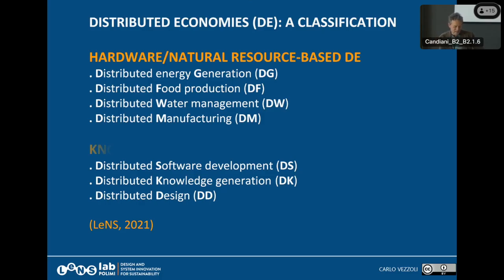The others are more related to knowledge and information: software development, knowledge generation, and distributed design. So there is indeed a difference in relation to the outcome that we have.